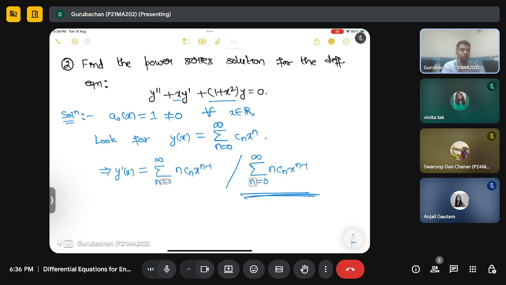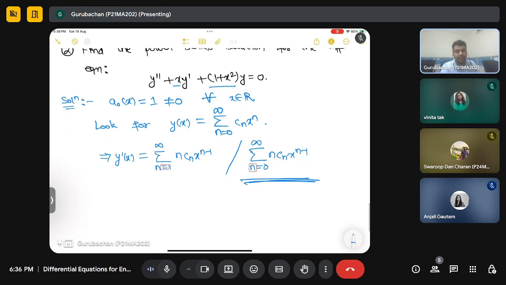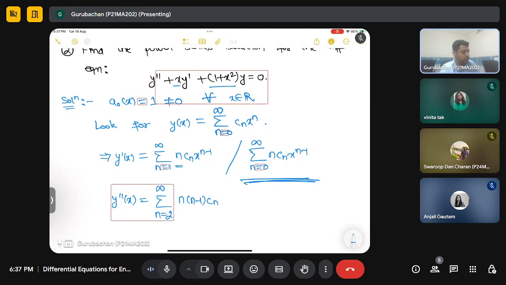So the series is ultimately going to start with n equal to 1. For simplicity, I am writing in this particular form. Similarly, y double dash x will be the sum from n equal to 2 to infinity of n into n minus 1 Cn x to the power n minus 2. So now you have the power series of y dash and y double dash.